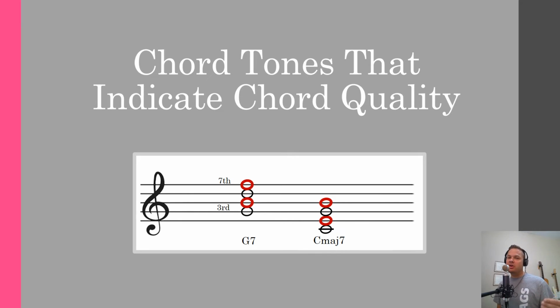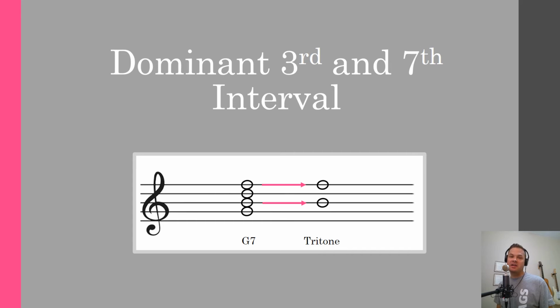So we have to then look at the third and the seventh scale chord tones as the ones that really tell us what the chord quality here is going to be. And so for G, it's the B and the F. And for the C major 7, it's the E and the B. And this is where we really get into why 5 wants to go to 1.